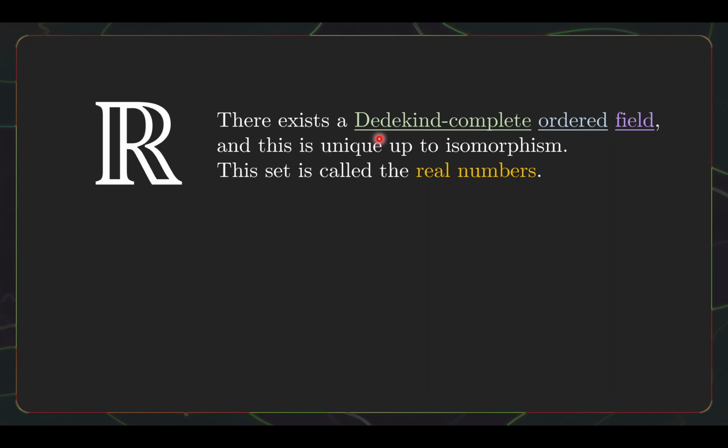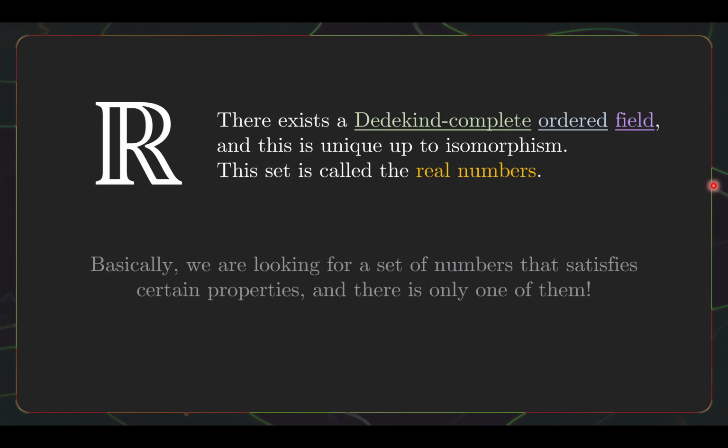There exists a Dedekind complete ordered field, and this is unique up to isomorphism. This set is called the real numbers. Now, if you are like me, the first time I read this, it just flies over my head. But what is this statement saying? Basically, we are looking for a set of numbers that satisfies certain properties.